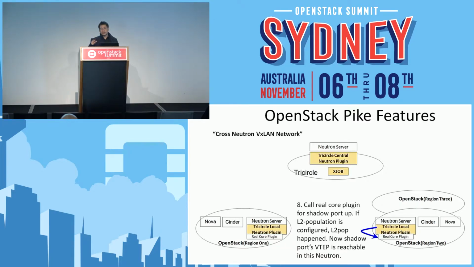So the shadow agent VTEP information in the shadow port will be populated to the relevant hosts for the same VXLAN network. So all the ports in the local Neutron can understand the remote VTEP in the other Neutron, stored as the shadow agent information.